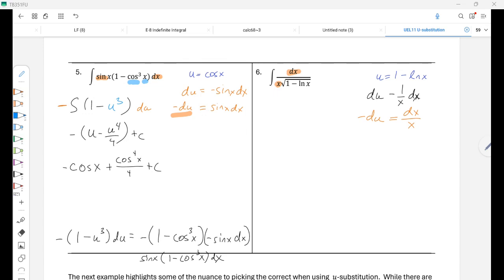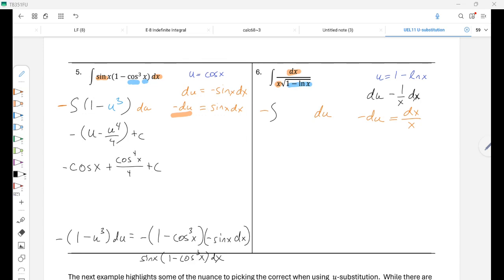And of course, my u is 1 minus ln x. So writing an algebraically equivalent integral, instead of the dx in the numerator and the x in the denominator, I'm instead writing negative du. So the orange is completely accounted for.